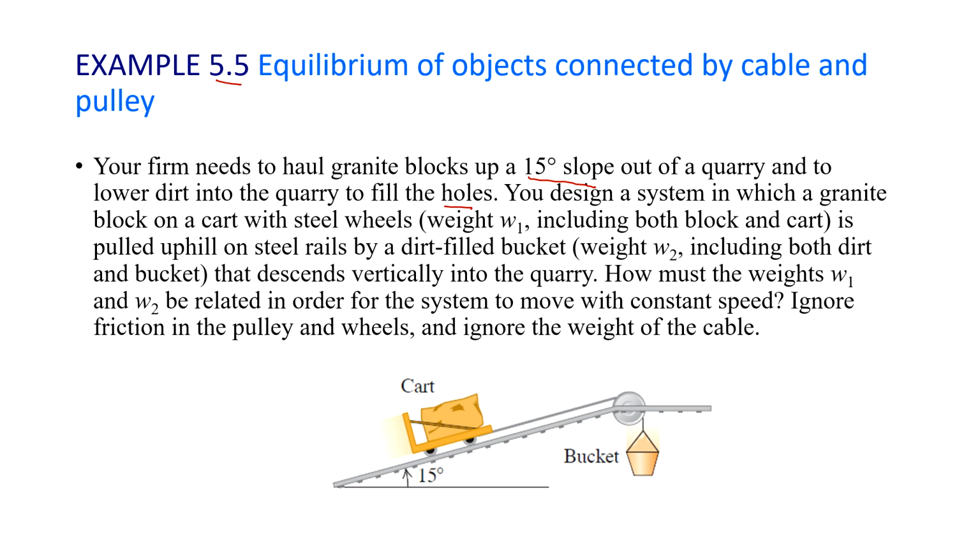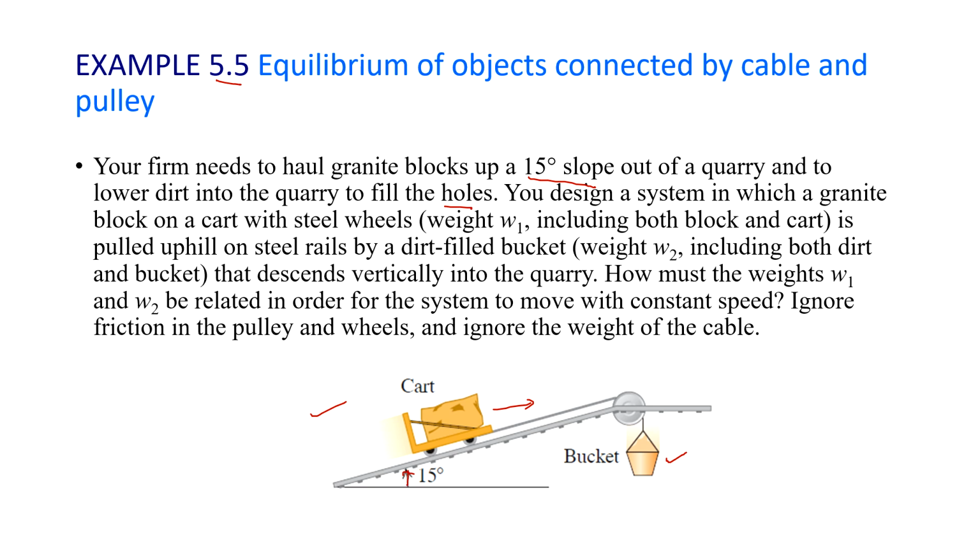So can you imagine this setup? This is shown here in this picture. You have a cart which consists of some granite block and also a bucket which consists of some dirt. At the same time, you have to descend this bucket down to the ground and ascend this cart up a hill which has an angle of 15 degrees.